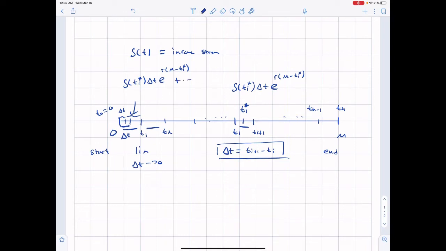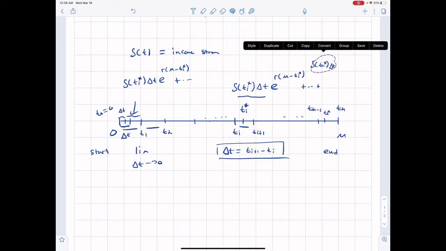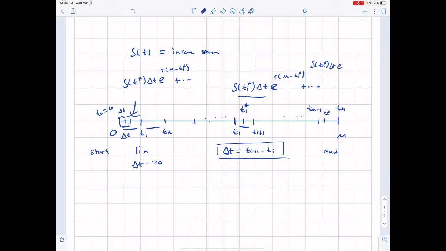And I keep going with this up to the ith one, and then the last one is going to be S of tn star, my sample point in here, times delta t times e to the r times m minus tn star.